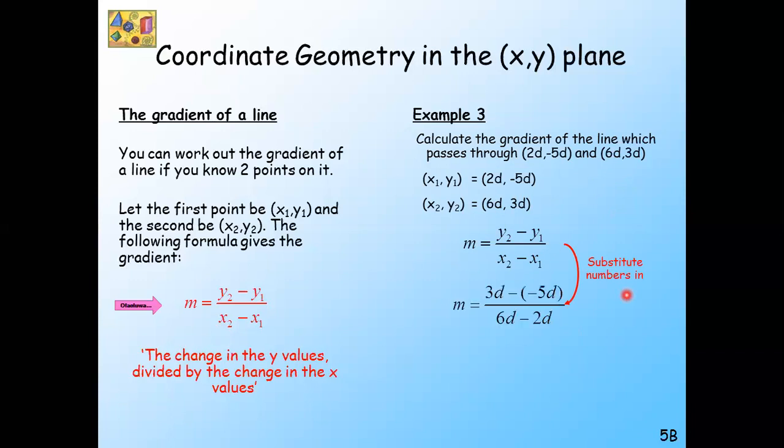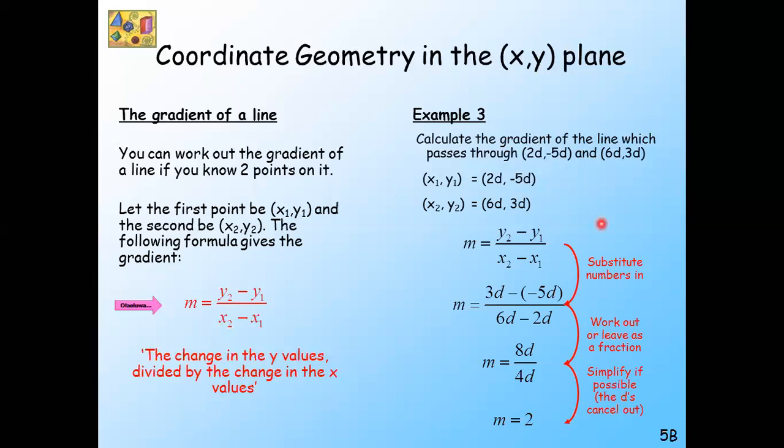So I have 3d minus 5d over 6d minus 2d. Simplifying, I get 8d over 4d, and simplifying that further, I'm going to get 2 as my gradient. So 2 is the gradient for this particular problem.